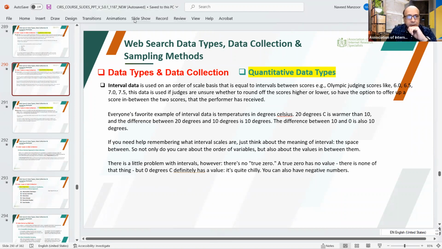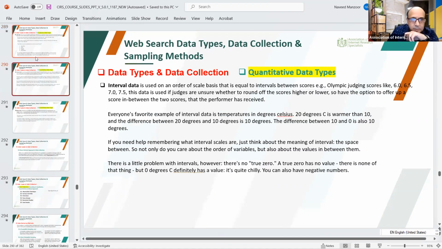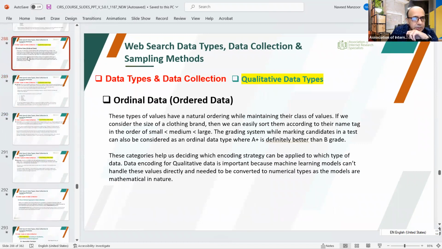All right. Now, I think we left off at getting acquainted with the types of qualitative data. We talked about ordinal, nominal. This is the last slide I did, which was 288.